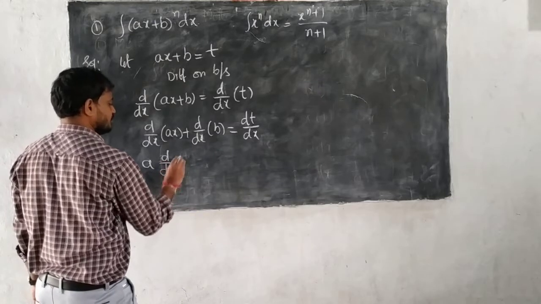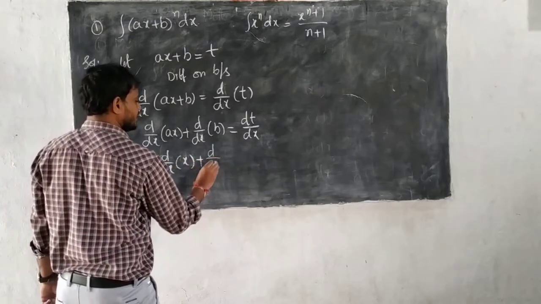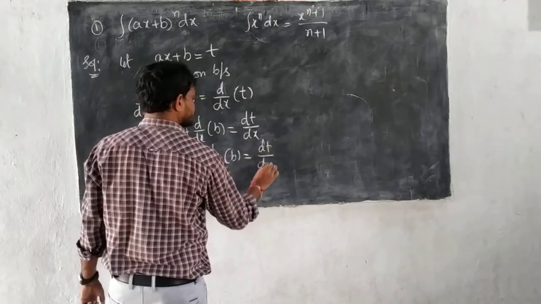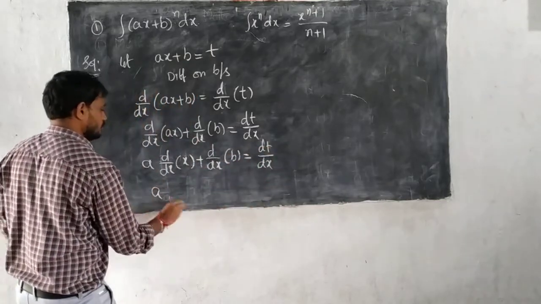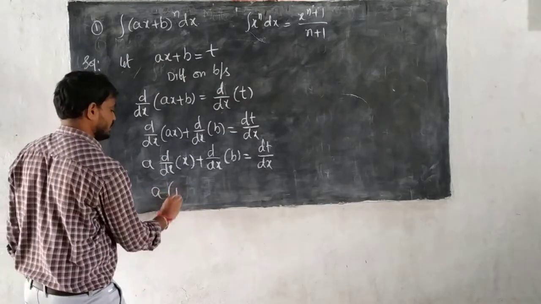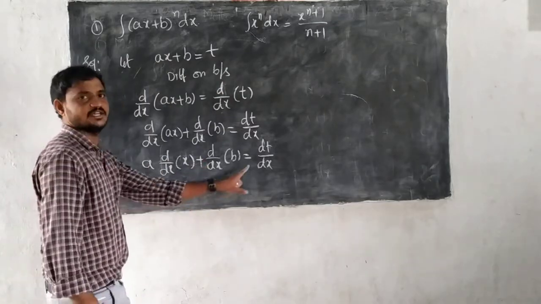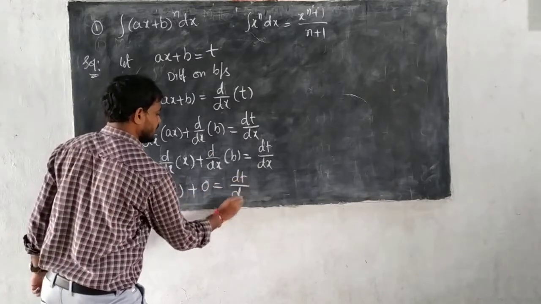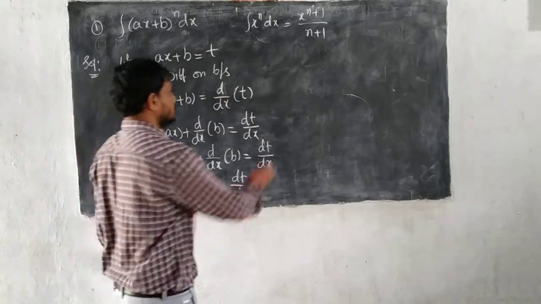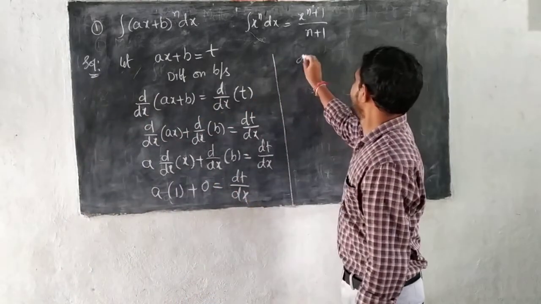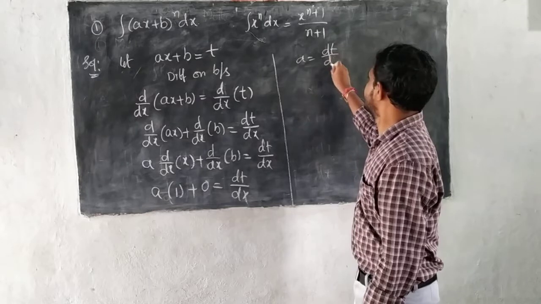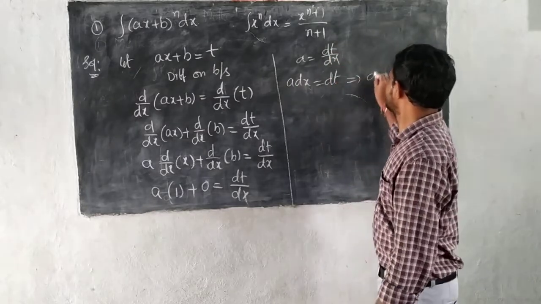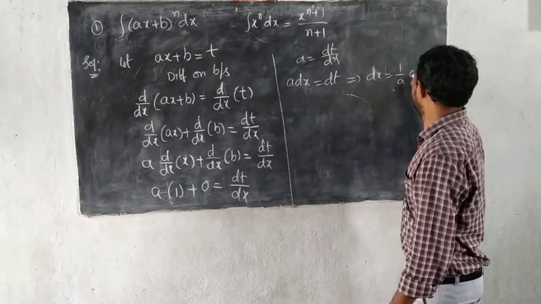Then a into d by dx of x, which is 1, plus d by dx of b, which is 0, equals dt by dx. So you get a equal to dt by dx. From that, a into dx equals dt, that is dx equals 1 by a into dt.